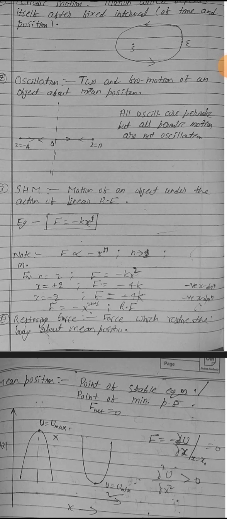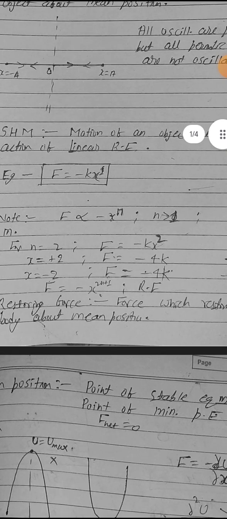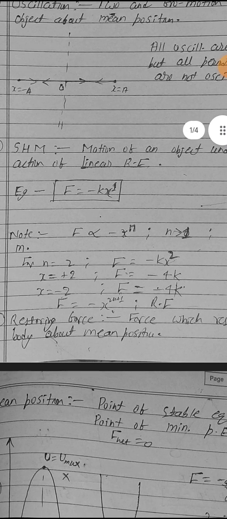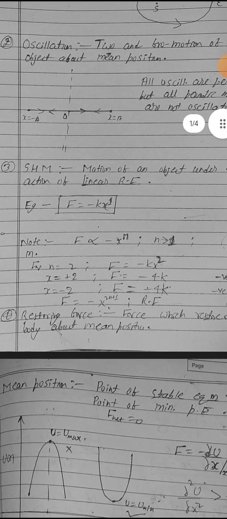For example, you can see here that F is proportional to minus x to the power n, and for n equal to 2, F equal to minus k x square. In that case, the body won't repeat its position.